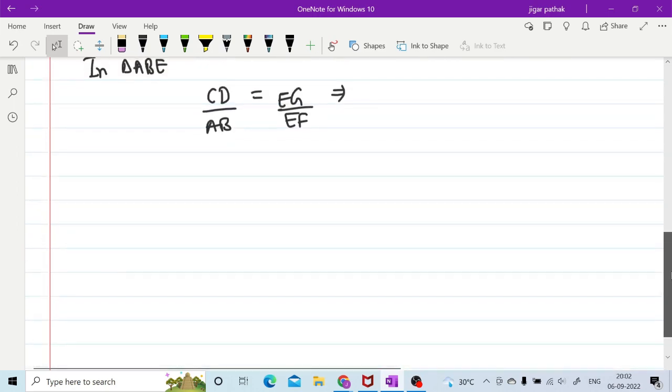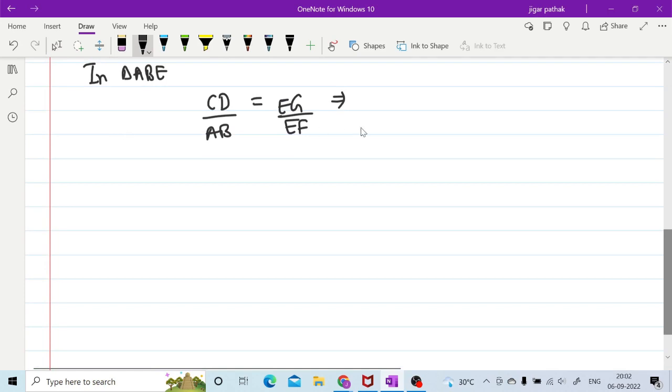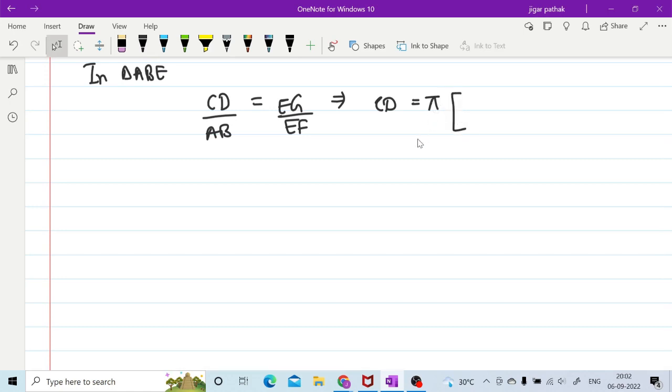So CD is equal to, AB is nothing but pi, and EG is this, 35259 minus 2938.2, upon 35259, right? When you simplify this, you can find this CD.